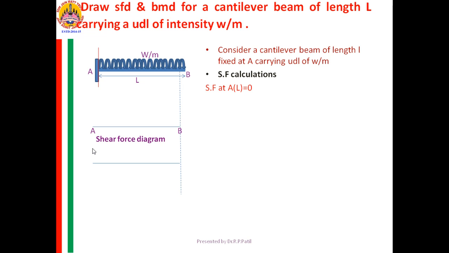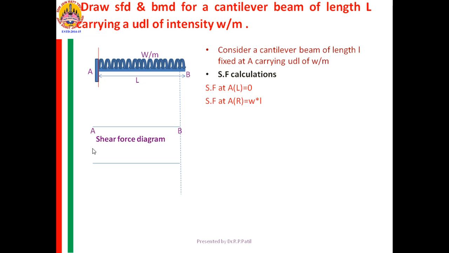Plus, yes. Because you are taking the right part for the calculation and the right is going down, means the left is up. My SF is positive, and its value is equal to W into L. Therefore, SF at A right is W into L.